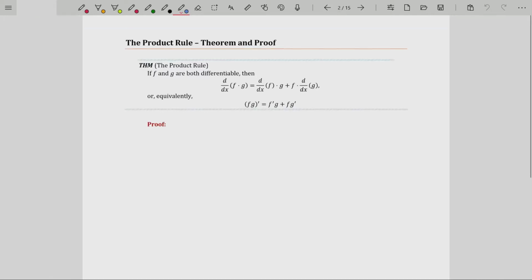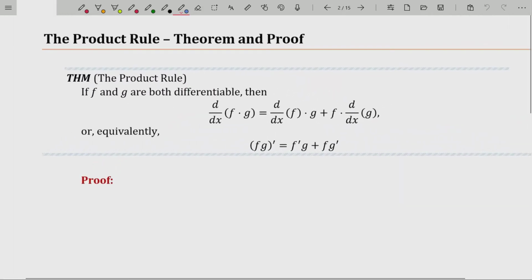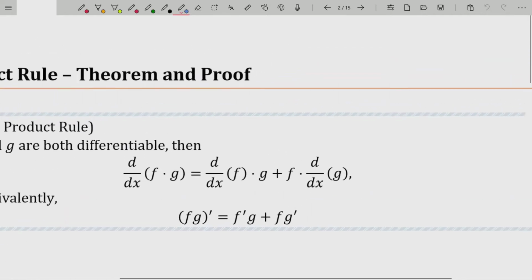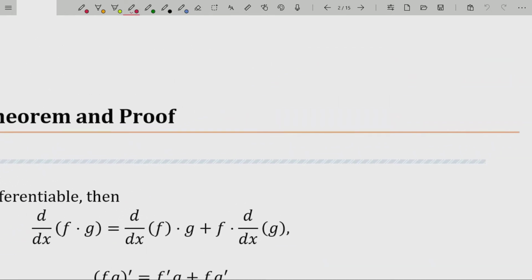Now, the product rule for differentiation is the rule that I've been warning you about in previous videos, specifically the videos on derivatives of polynomials and exponential functions. I had stated at that time that the derivative with respect to x of a product of two functions is not equal to the product of their derivatives.